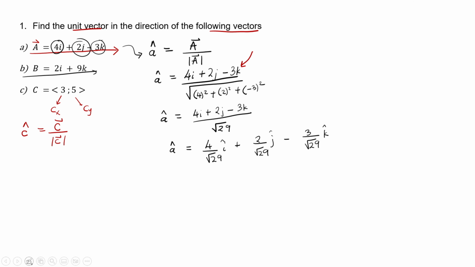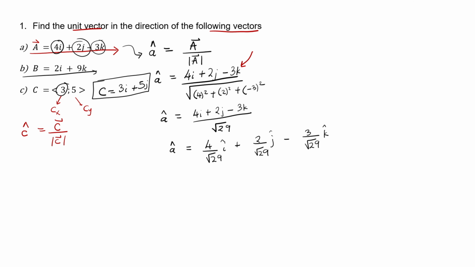So we can rewrite C as 3i plus 5j. This is the standard base notation of C.